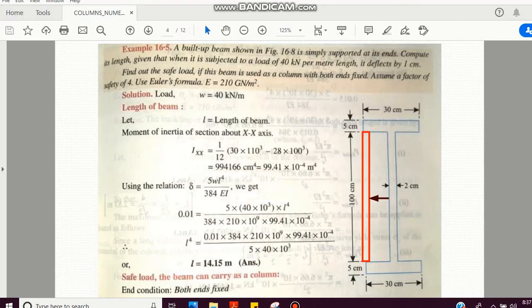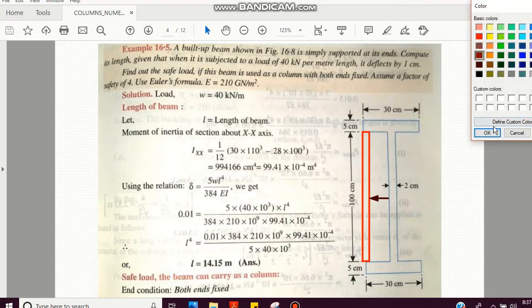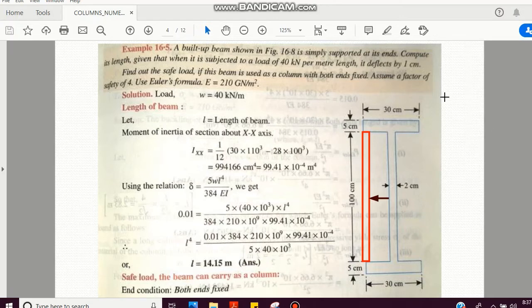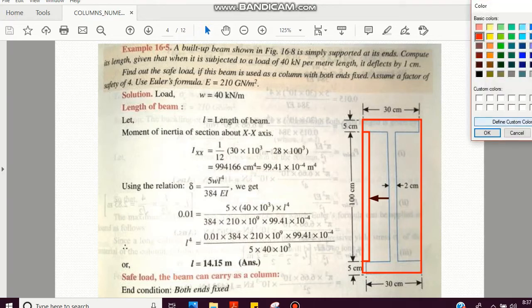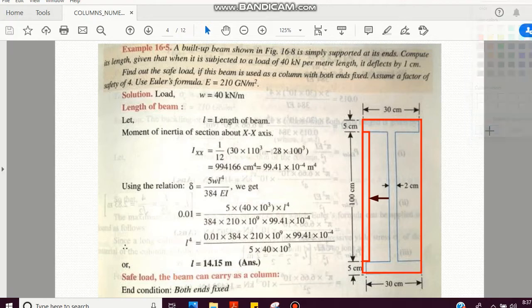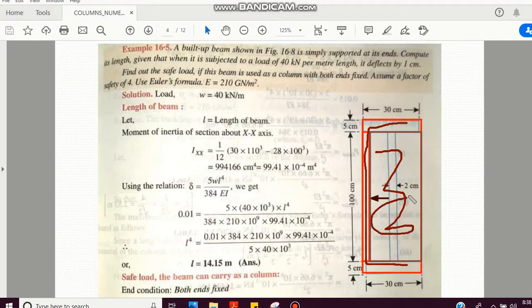By moving the web to the left, we get two boxes. The first one is this C section, and the second thing is this area that we get.